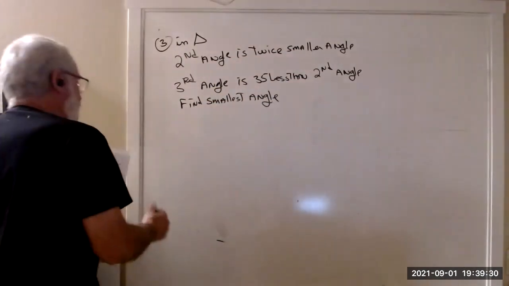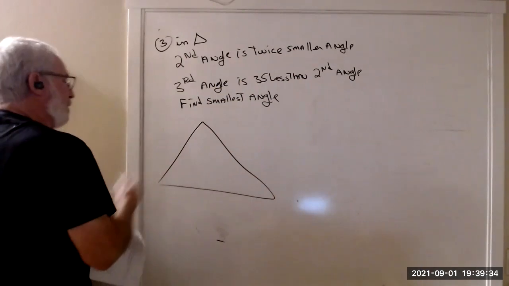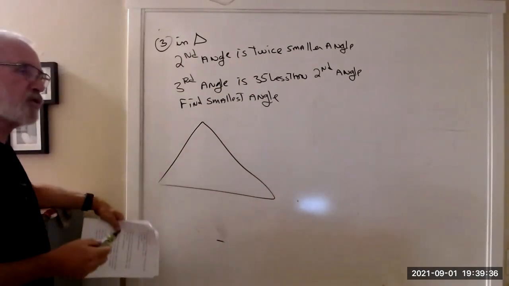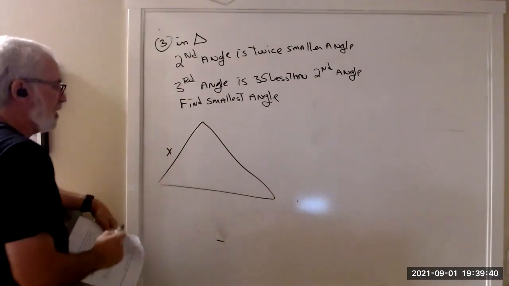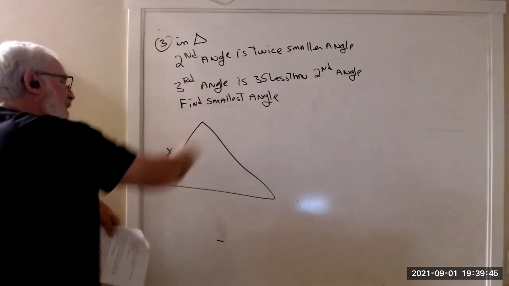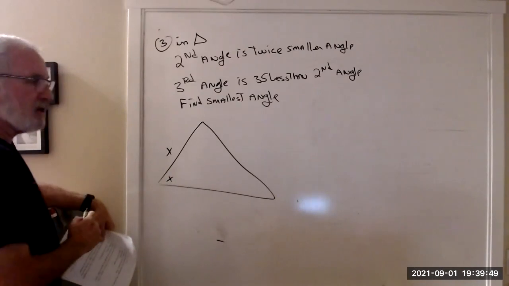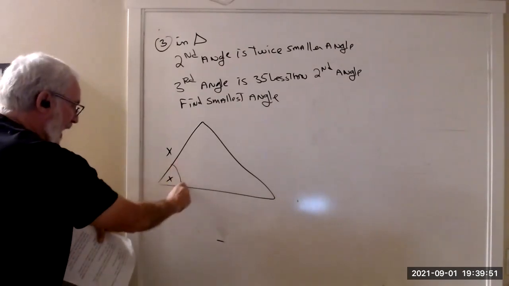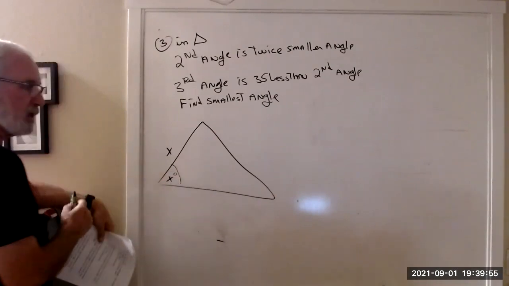So here we go. Angles, I could just draw a triangle. Angles are measured inside. If you put X out here, for example, then you're telling me the side is X. But if you put X here, then you're telling me that angle is X. Technically, it's X degrees.